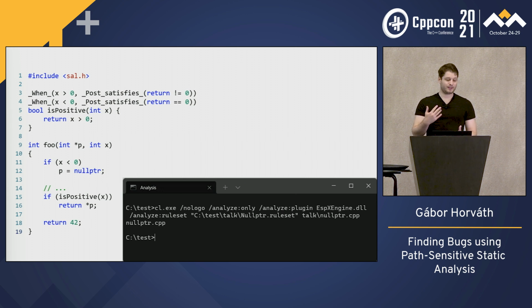So this way the user can add just as much annotation as possible to get rid of the false positives and get the more precise analysis for other warnings for free in some sense. So this can help to opt into these annotations incrementally.